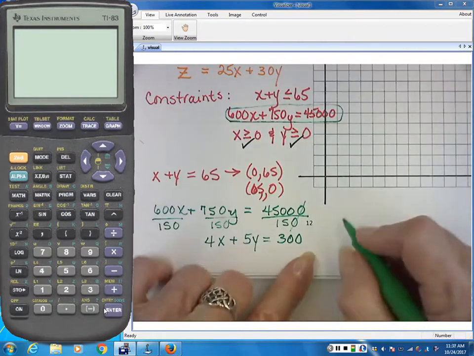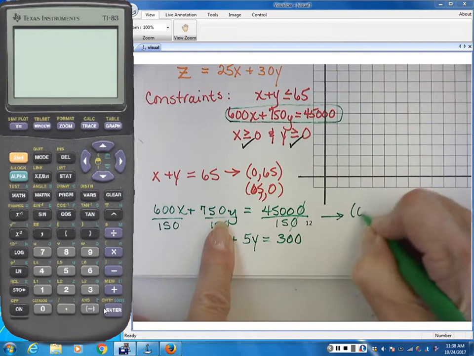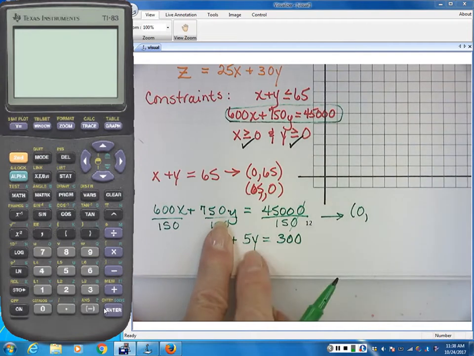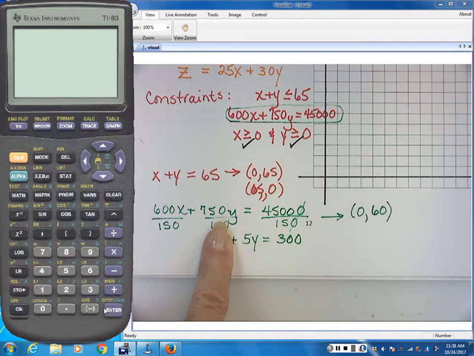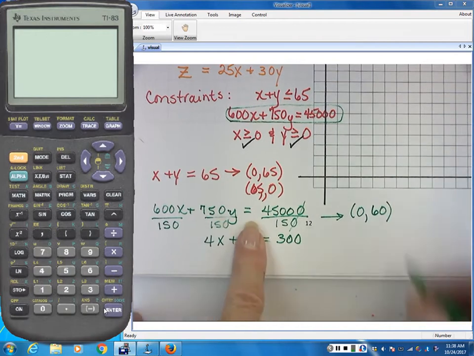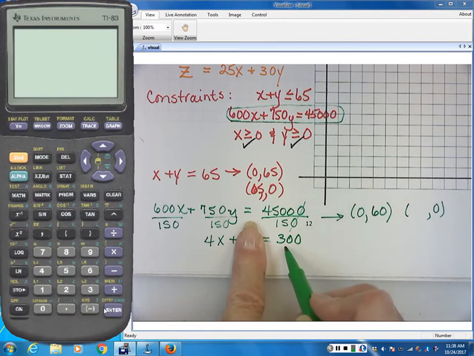So for that constraint, if x is 0, then y is going to be 300 divided by 5, which is 60. And if y is 0, then 300 divided by 4 is 75.